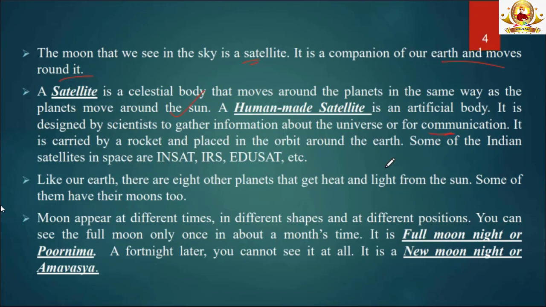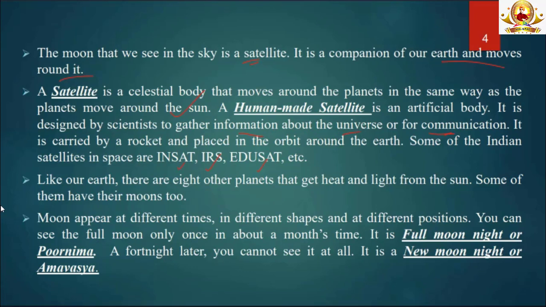So that was a human made satellite sent into space for communication. Likewise, India has sent a lot of satellites, like INSAT, IRS, EduSat, etc. They orbit around Earth to gather information about our Earth and the universe, to make it easy for us to access space and communication.